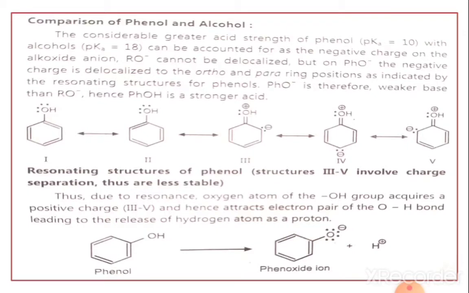Here this is the resonating structure. This is the actual structure of the phenol, and this is the symbol of resonance. Now when we draw a resonating structure, there is a positive charge on oxygen and a negative charge on the ring, and this negative charge is delocalized at the ortho and para positions.